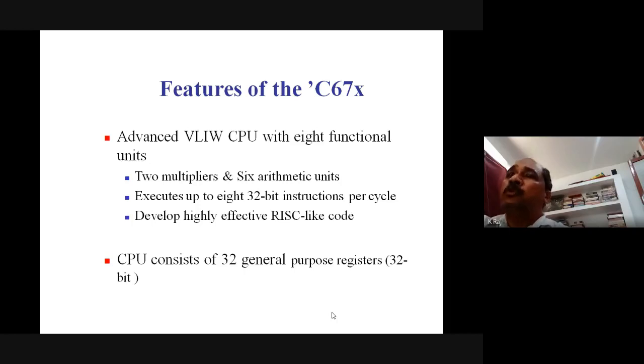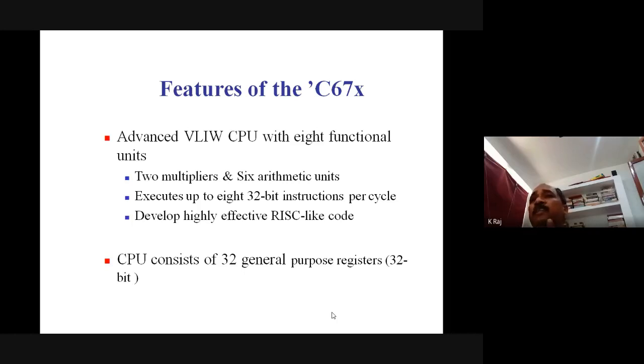It executes up to 8 32-bit instructions per cycle, 8 functional units, and so here the 8 instructions will be executed in one cycle, and what will be the word size of each one, that is the 32-bit. And it develops highly effective RISC-like code here.